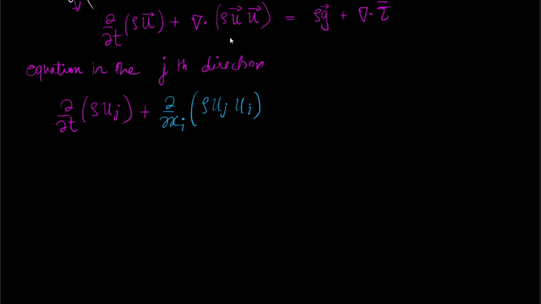So the fact that u dot n cap gave rise to this divergence is captured in this repeated index i. But this j is not a repeated index, it is a fixed index. This will be equal to rho gj plus del xi of tau ij.